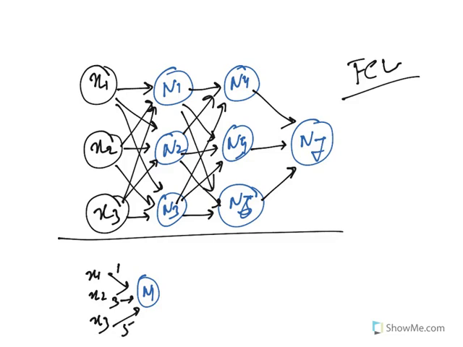And then similarly you can look at x1, x2, x3 for the second node. And here you have similarly some weights, 2, 5, 7, let's just say. And this way, you can go on and on.